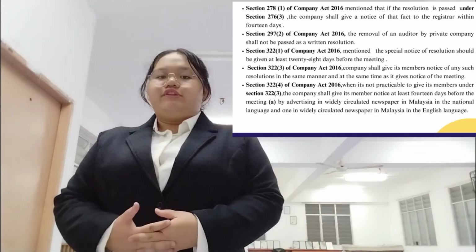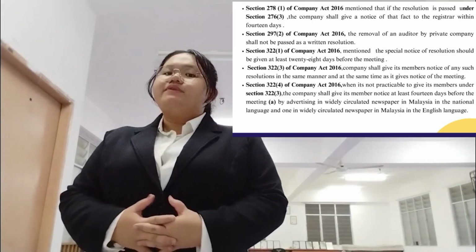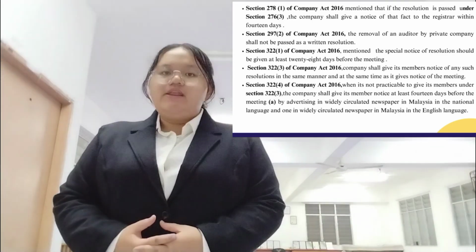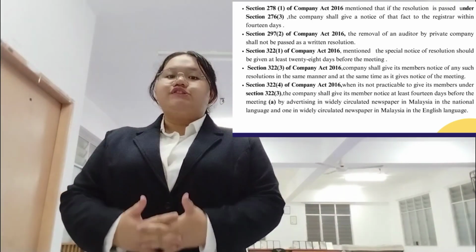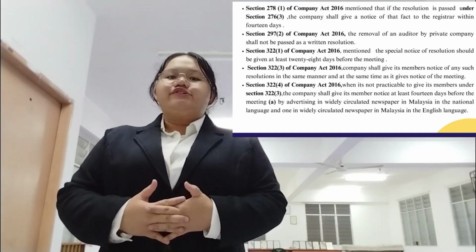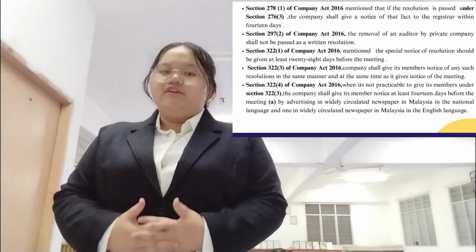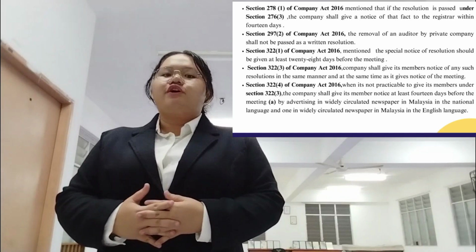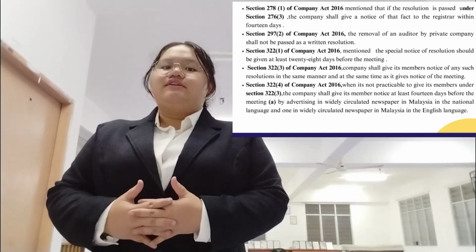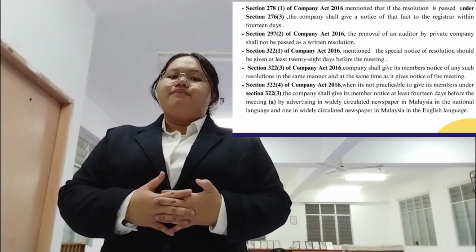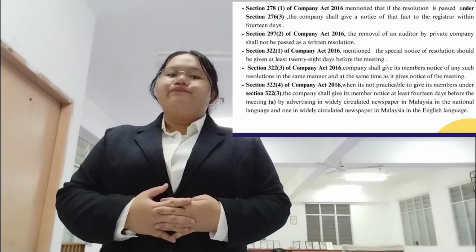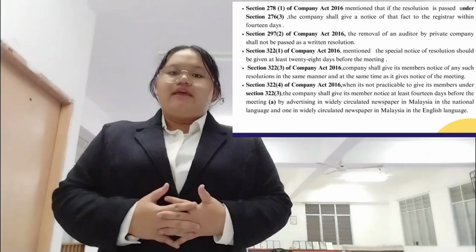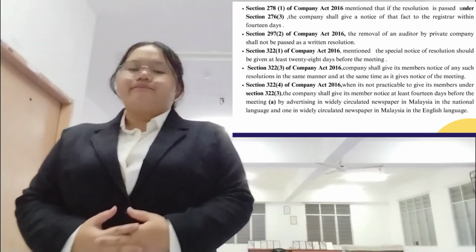Section 322, Subsection 1 of the Companies Act 2016 mentions that special notice is required. The resolution shall not be effective unless notice of the intention that the special notice should be given to the company at least 28 days before the meeting.